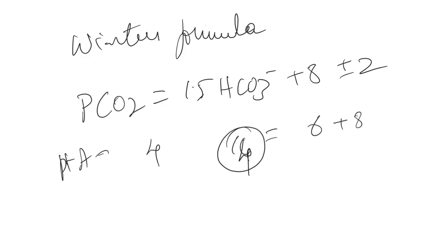Let's say this patient's PCO2 is actually 30. That means the patient's PCO2 is much higher than expected. This translates to the patient having respiratory acidosis on top of metabolic acidosis. Then you'll have to figure out, why does this patient have respiratory acidosis?